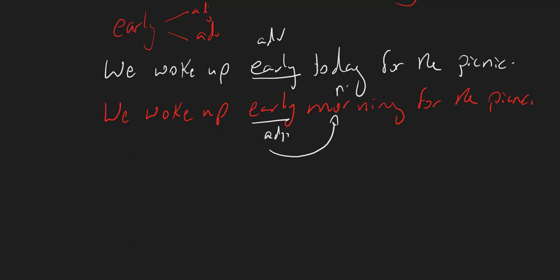So all you have to do is look at the word it modifies, and in this case, if it's modifying a noun, then it's an adjective. If it's modifying a verb, then it's an adverb. Now we've already taken how we can locate the adjective or adverb in terms of asking questions. Okay, for example, an adjective can answer the question of what kind.